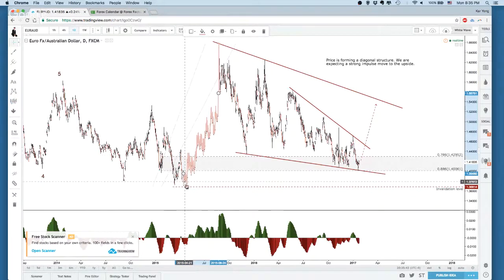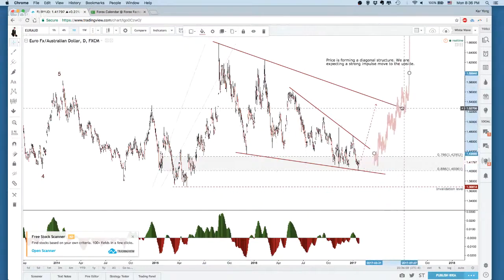That move itself, if I calculate for you, is from 1.3690, let's round up to 1.37, and the top of it around here is 1.65. Just to give you a ballpark rough figure, that's about 2,000 pips. What we're expecting over here in 2017 is that this move can occur similarly.